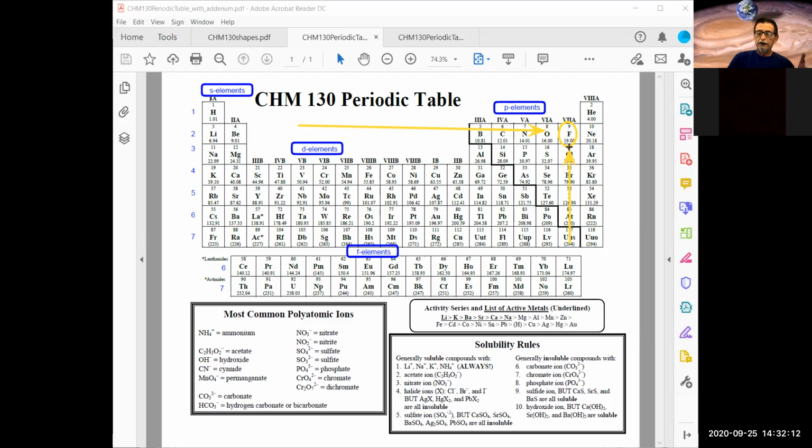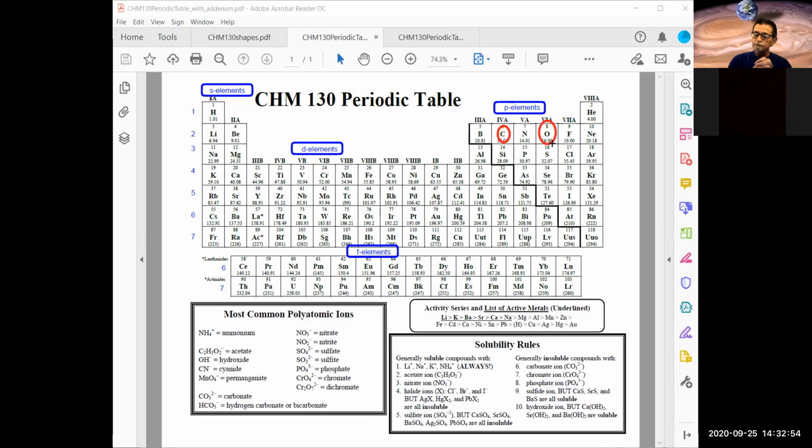And so if I were to compare the electronegativity of carbon, wrong image here, of carbon versus oxygen. Which one is more electronegative, carbon or oxygen? Anybody want to take a guess?